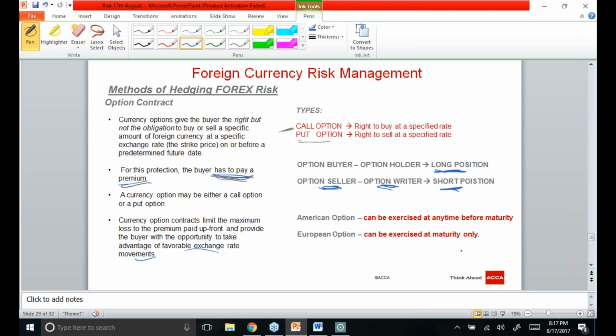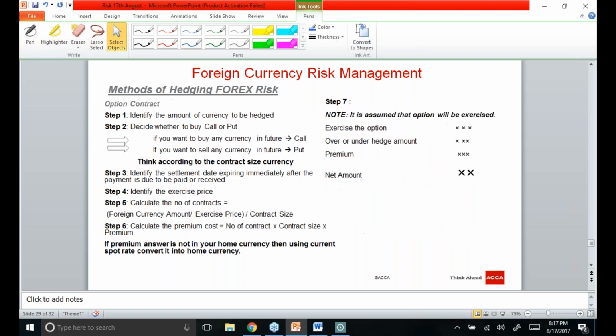Let's move straight to its steps. Okay, try to remember these steps because all questions will be solved in the exam using these steps. First, identify the amount of currency to be hedged. Second step, decide whether to buy a call or put option. The concept is very clear and the same as the futures contract.